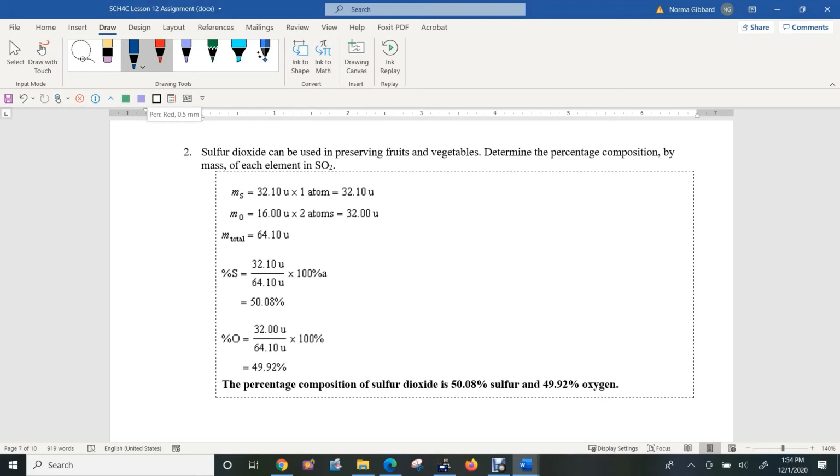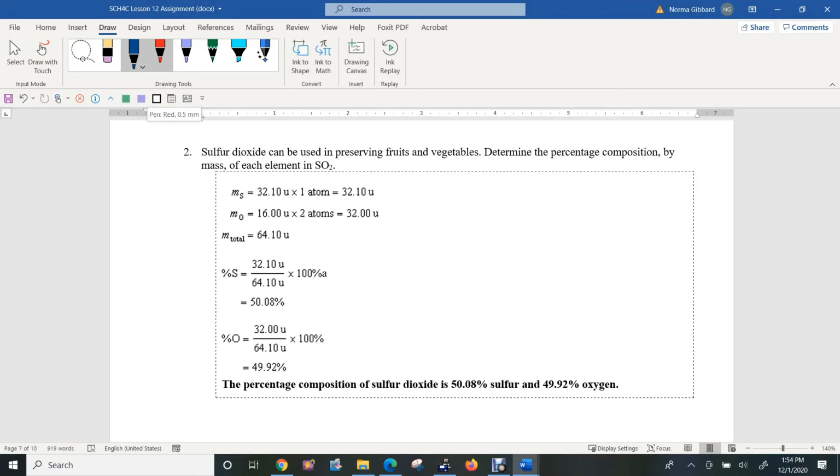The mass of O, which is the mass of oxygen, is 16 times 2, which is 32 atomic mass units. So the total, if we add up, is equal to 64.